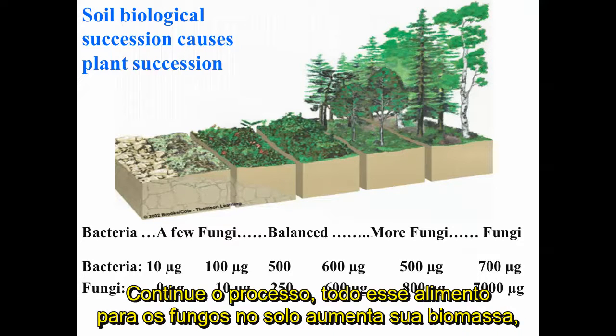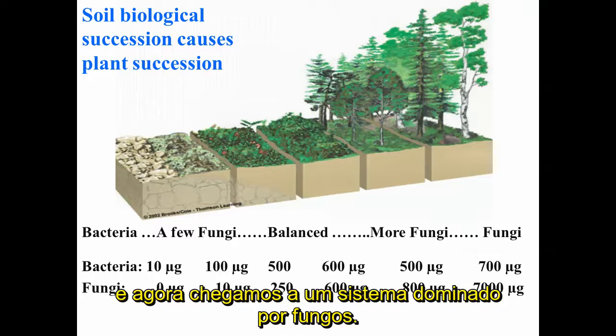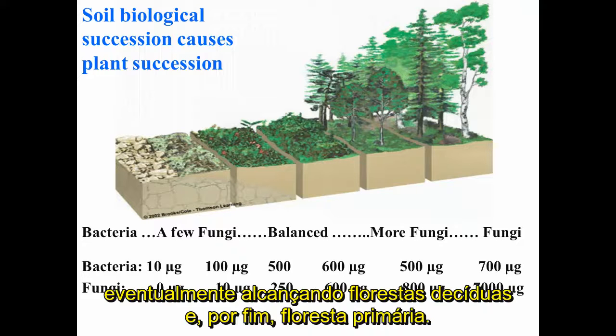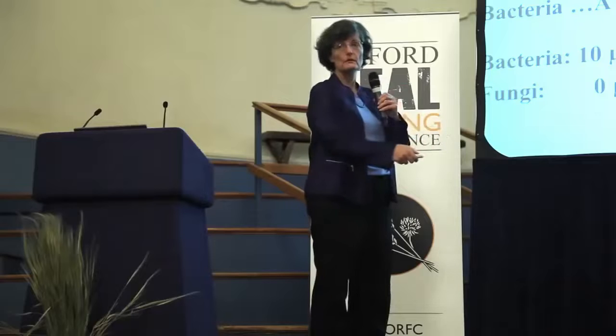Now keep going. All that good fungal food going into the soil, we're going to keep increasing fungal biomass. And now we've gone over the edge into a fungal-dominated system. Now we're going to shift from our row crops, from our good grasses, into vines, shrubs, eventually then into deciduous forests, and eventually into old growth.